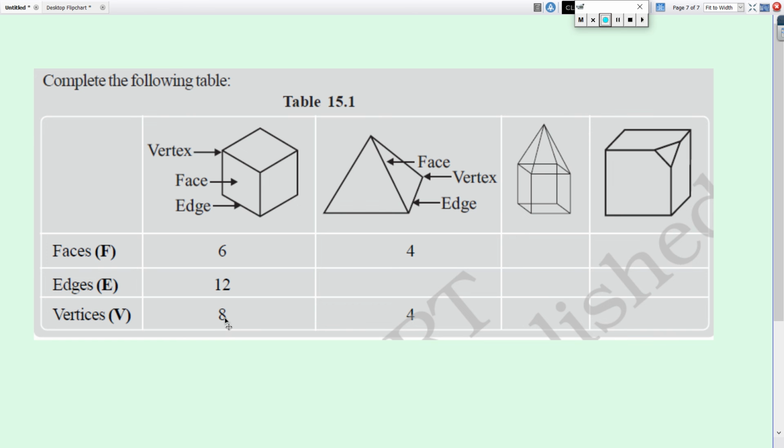Now here a pyramid and 2 other figures are there. Here only 2 faces are showing. The remaining 2 are there. Just imagine the faces, edges and the vertices and write it down.